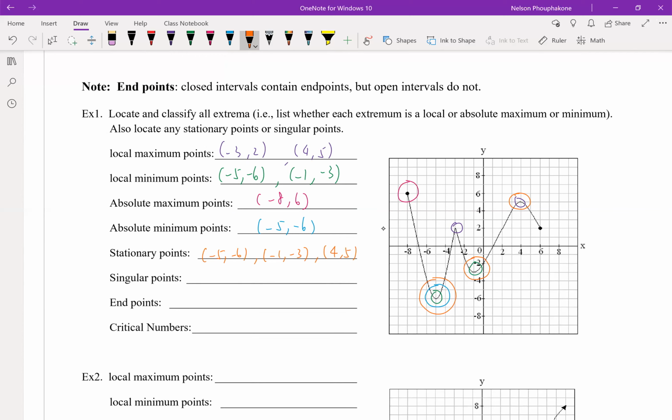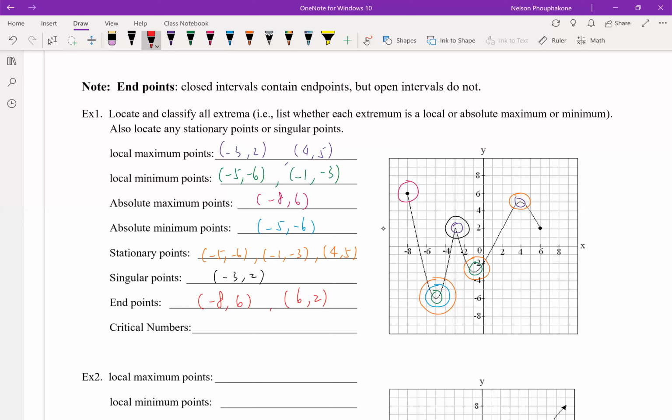And then how about singular? I know that I have one singular point, which is (-3, 2). And then endpoints, we have 2 endpoints, which are (-8, 6) and (6, 2).